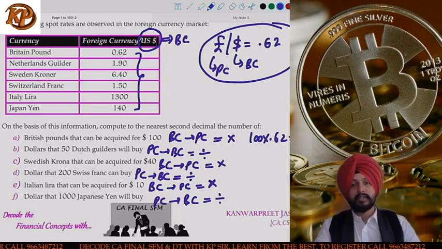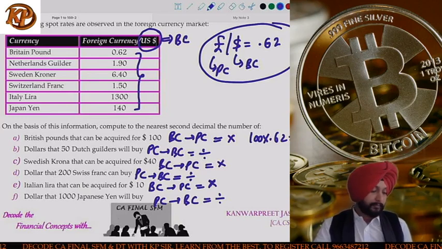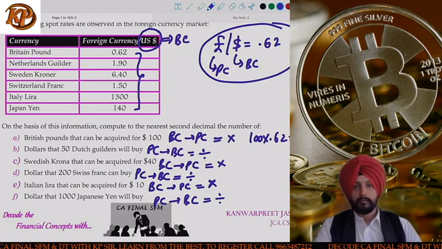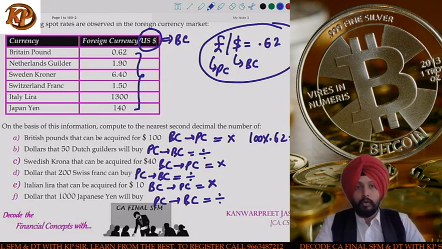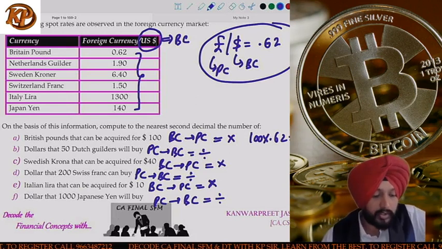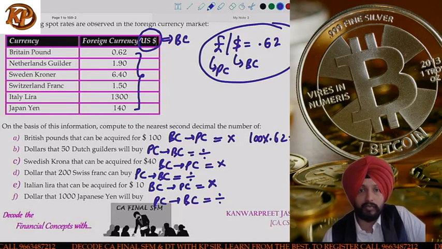Next, B. Dollars that 50 Dutch guilders will buy is equal to 50 divided by 1.90. We'll get 26.32.